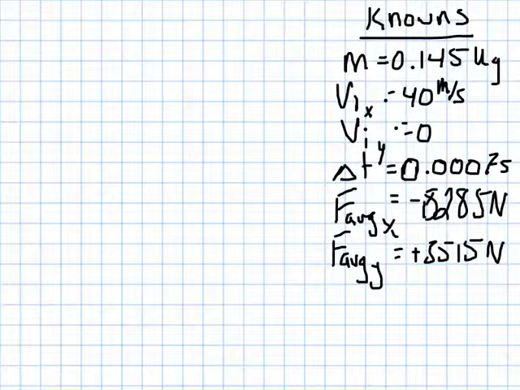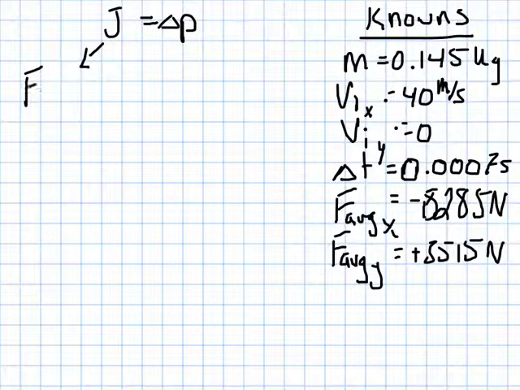So as the name of this video implies, this is a classical impulse momentum problem. So impulse, we use the letter J to stand for impulse. Impulse is equal to a change in momentum.